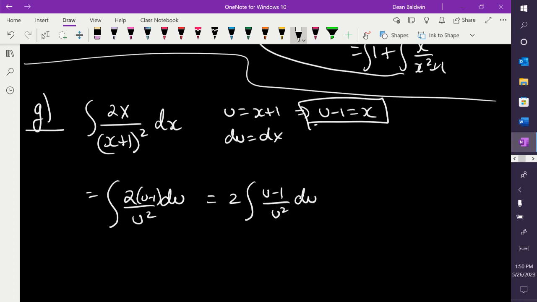So I have that integral. What do you want to do with that? I would break it apart now because you have a single denominator. So then you're going to get 2 times the integral. u over u squared is 1 over u minus 1 over u squared.